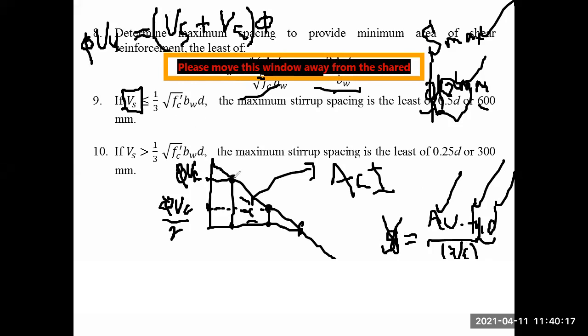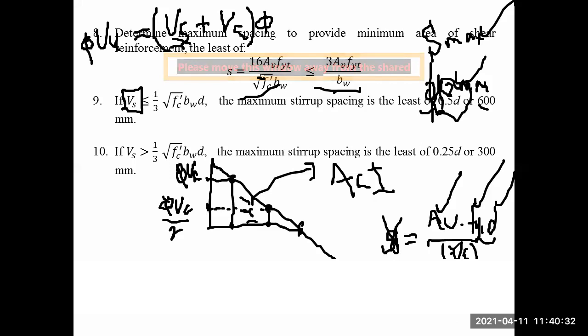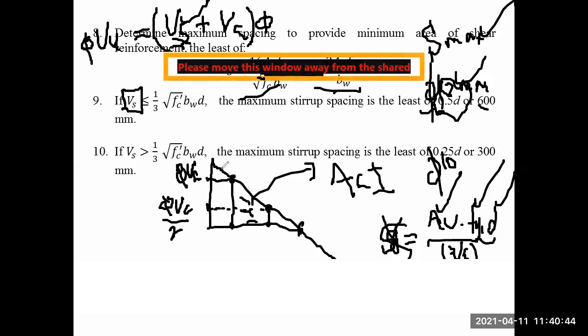So we don't start to reinforce right from φVc. We add Vc to it, Vs to it. That is calculated based on the spacing S max and the minimum amount of shear reinforcement in terms of phi 10. Based on that, we calculate Vs, we add it to Vc so that we know from where to start the minimum reinforcement.